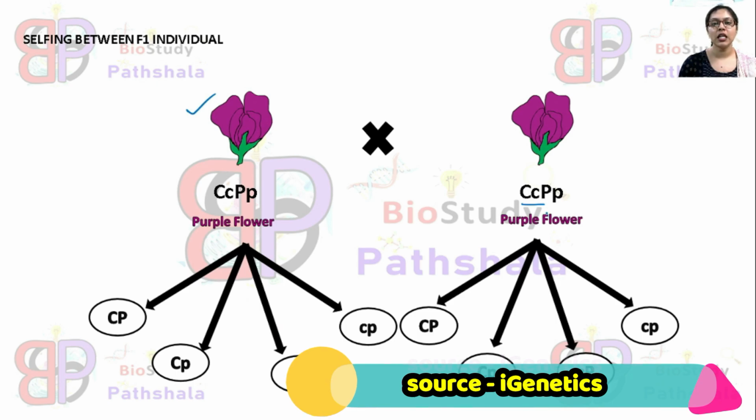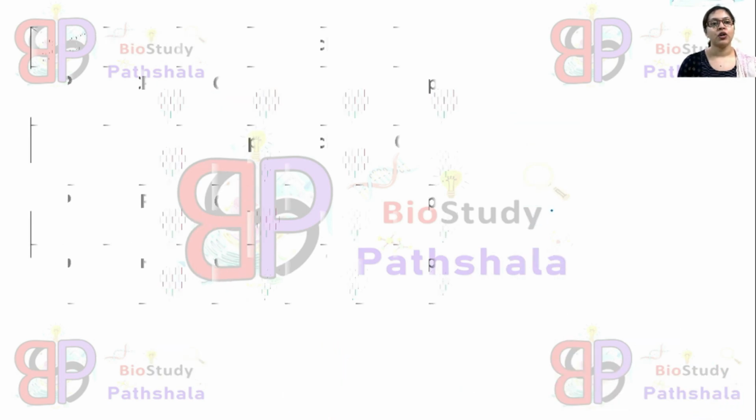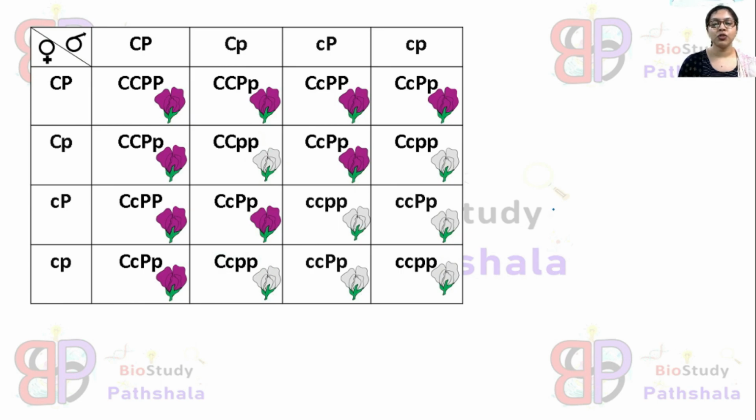Now we will see the F2 individuals through a checkerboard. So this is the checkerboard of the F2 individuals. In this line the gametes are male gametes, and in this line the gametes are female gametes.